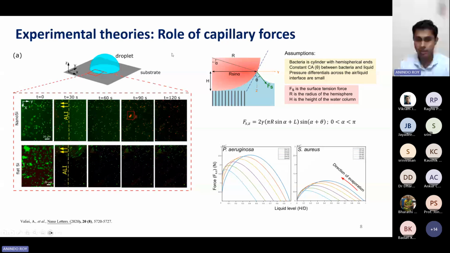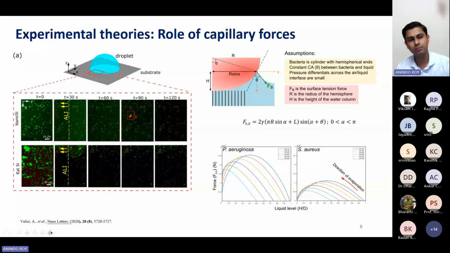So, for example, here, what the authors have done is that they have taken a flat silicon substrate and a nanostructured silicon substrate, and then they put a droplet of bacterial suspension on top of the substrate, and then introduce an air bubble into the droplet. What that does is allow the air bubble to traverse through the droplet, and therefore there is an air-liquid interface, or ALI, that is passing through the bacterial cells that have adhered on the surface.